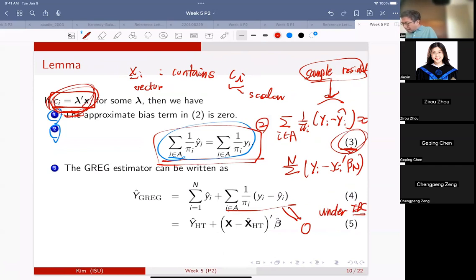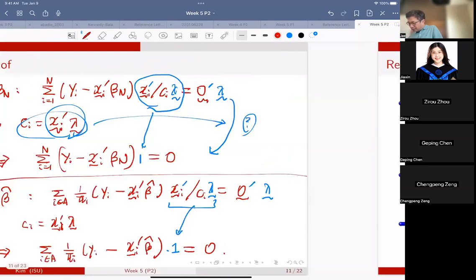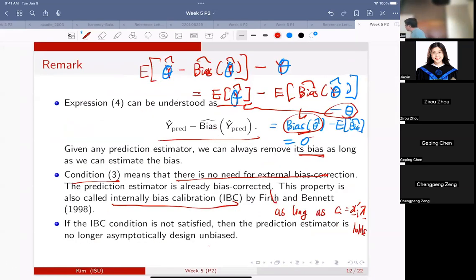So if IBC does not hold, then we know that this is not 0. That means we should include this one externally to make a bias corrected estimate.